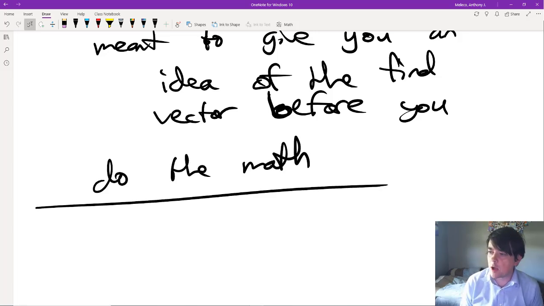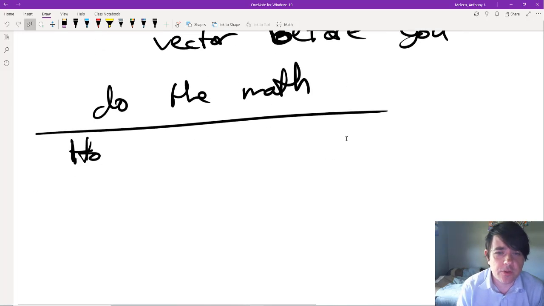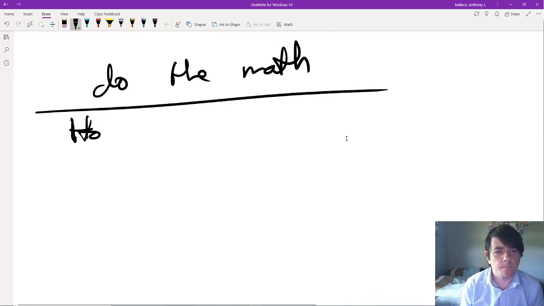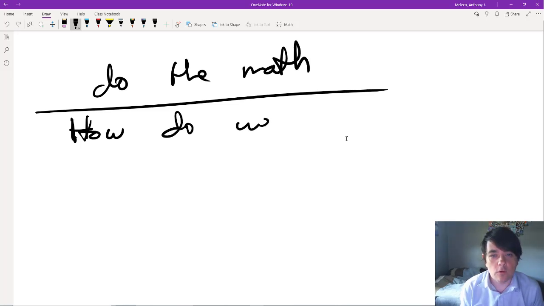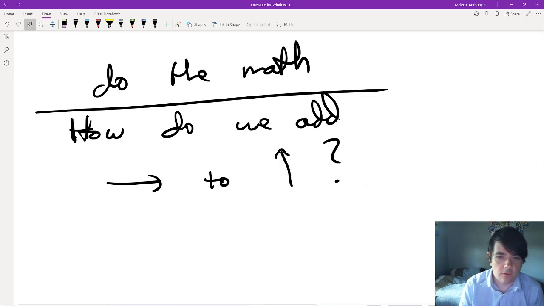Anyway, that's 1D. All right? So now, that's everything we've done with kinematics, right? We've been doing one-dimensional vectors for a while. But we do have to move to two-dimensional vectors, okay? So how do we add this to this?